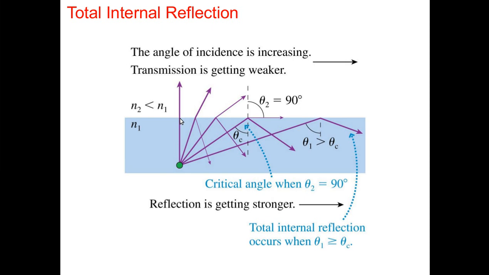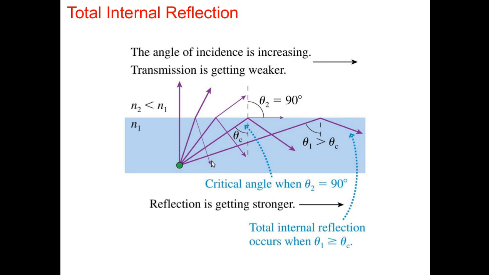So the incident angle was 0, sine of 0 is 0. That means the refracted angle had to be 0, right? But then as you change that incident angle, the refracted angle changes with respect to Snell's law. There's a little portion possibly that gets reflected back into the medium.